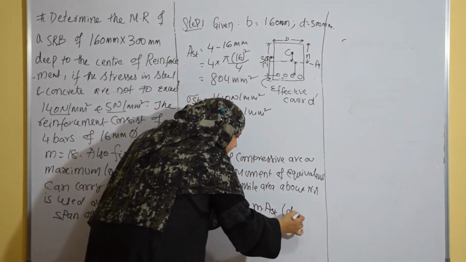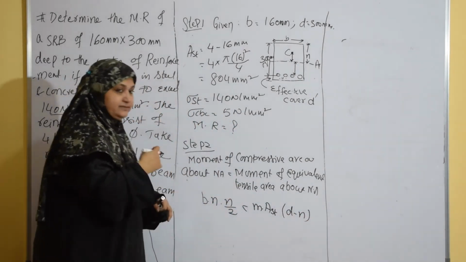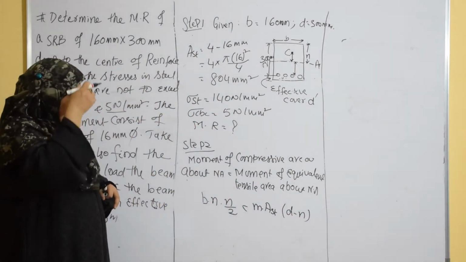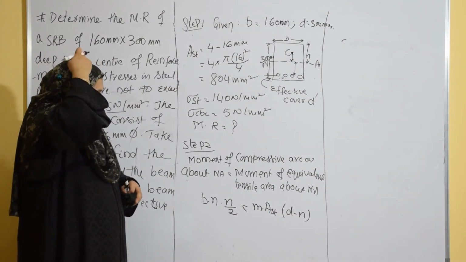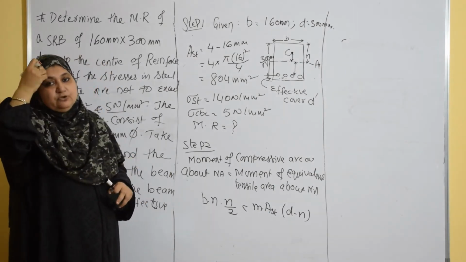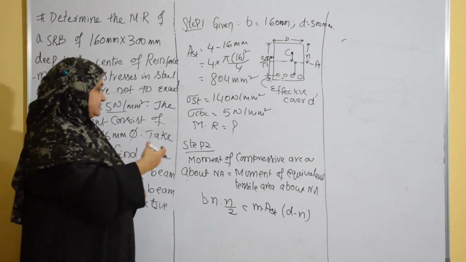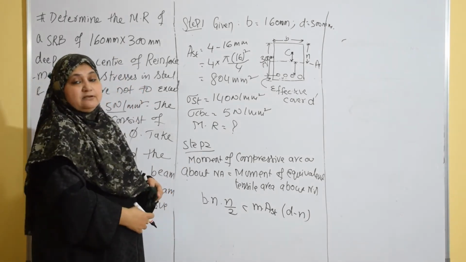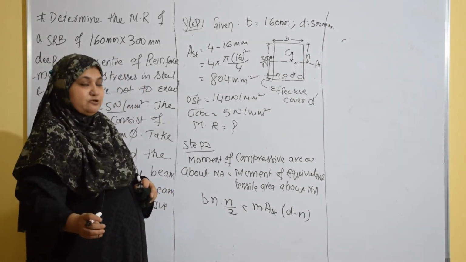So D minus N. Now you can see you have the B value, you have the M value, you have the AST value, all values are there with you except N. So using the first principle, you can find out the depth of neutral axis.